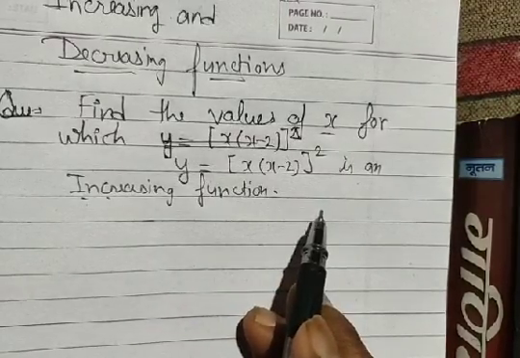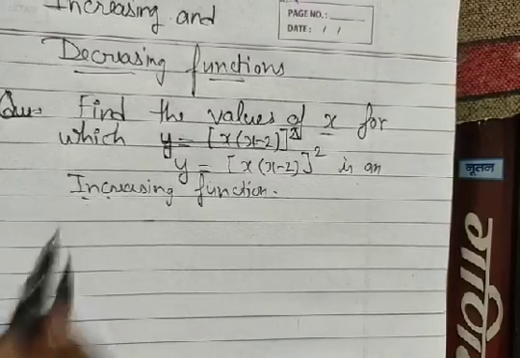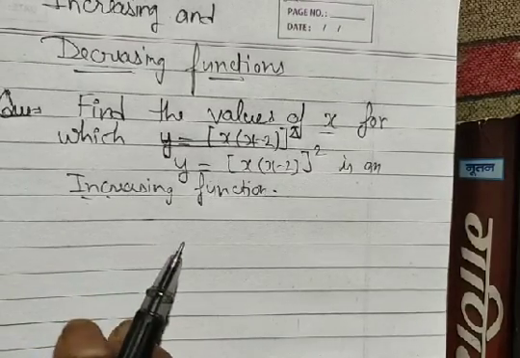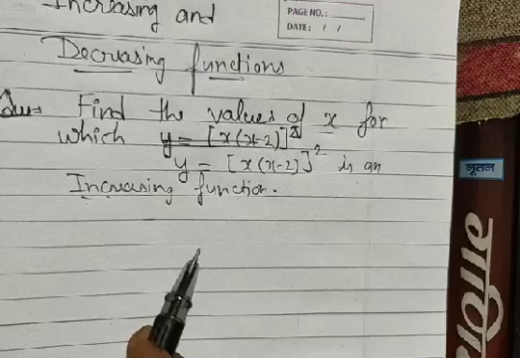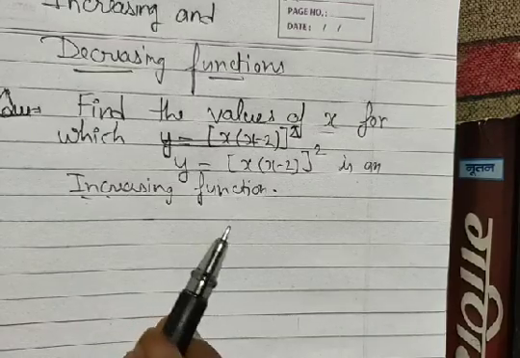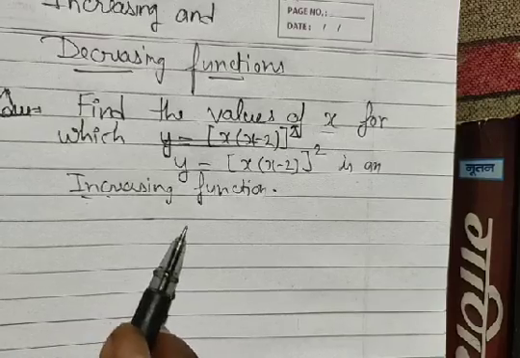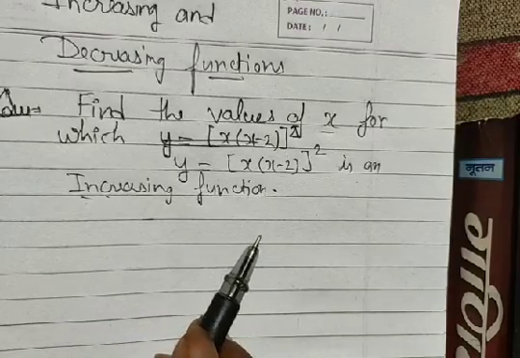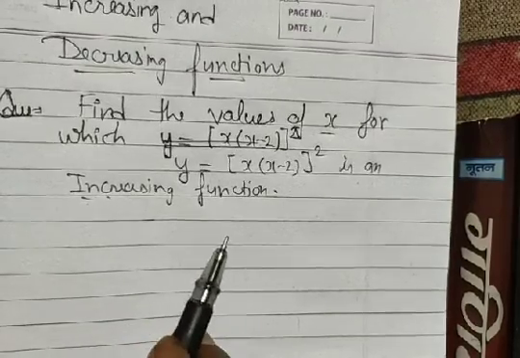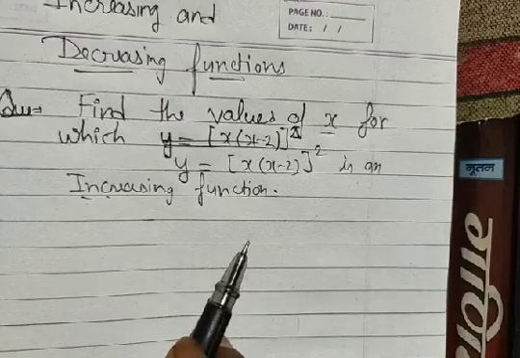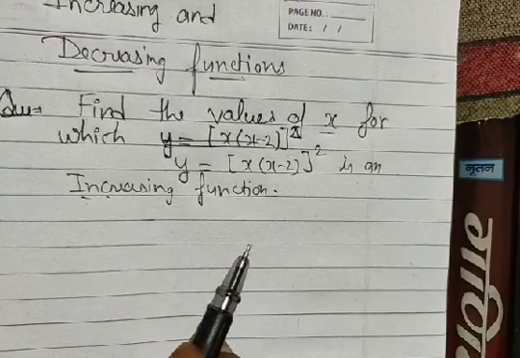First of all, we are going to use the derivative test. We find the derivative, then equate the derivative to 0 to find the points, put the points on a real line, and get the disjoint intervals.